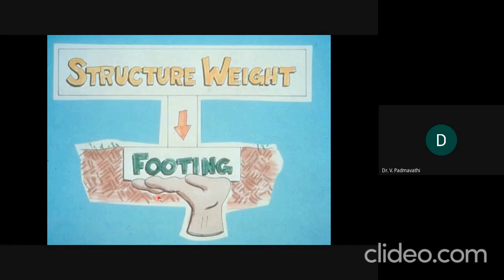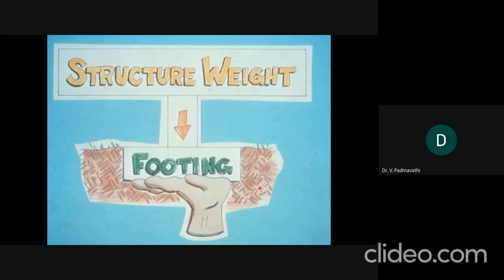If the subsoil has sufficient strength, then automatically the structure may sustain. If the soil below the foundation has very little strength, suppose let us take loose soil, then settlement may occur. If you place any object on very soft soil, sometimes it may sink, sometimes it may create excessive settlements, or sometimes it may fail if the load imposed on the soil is more.